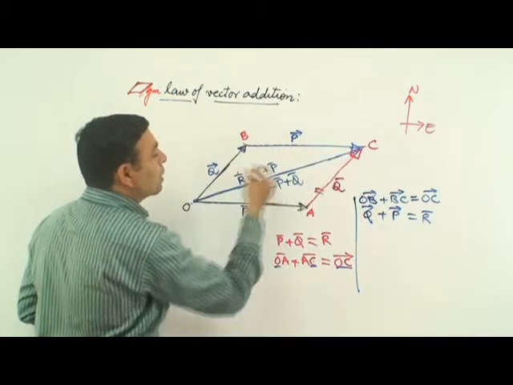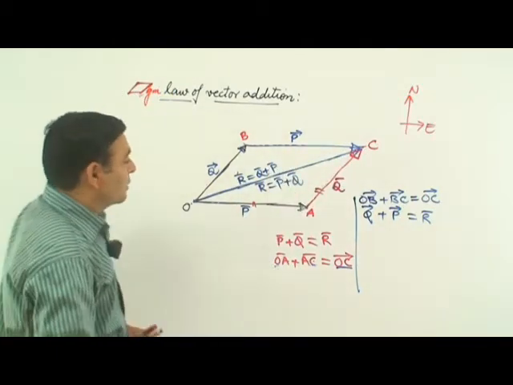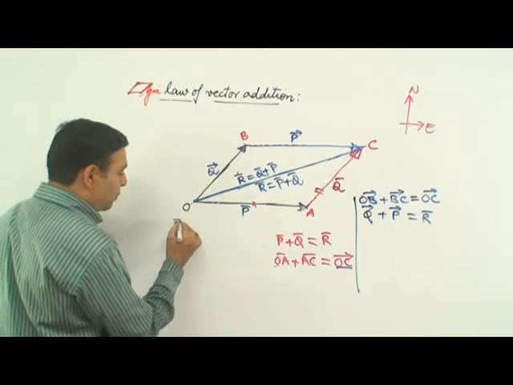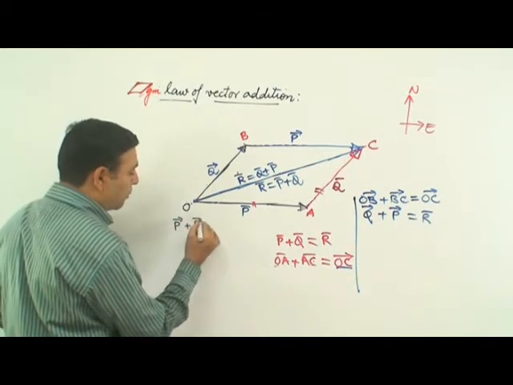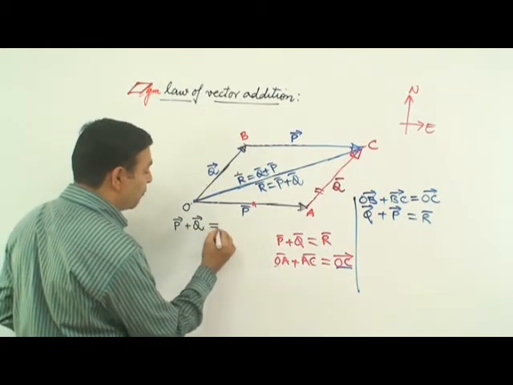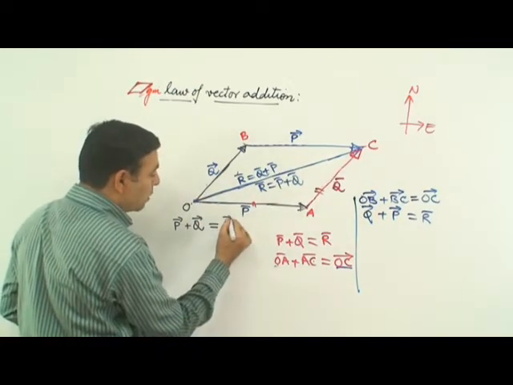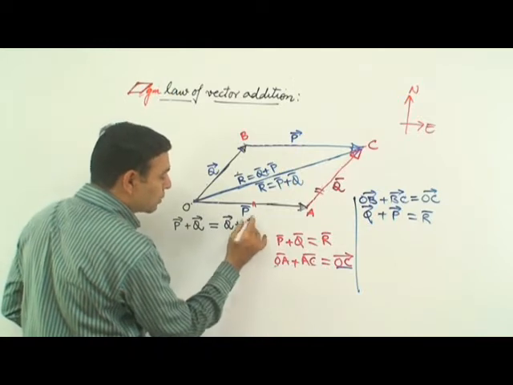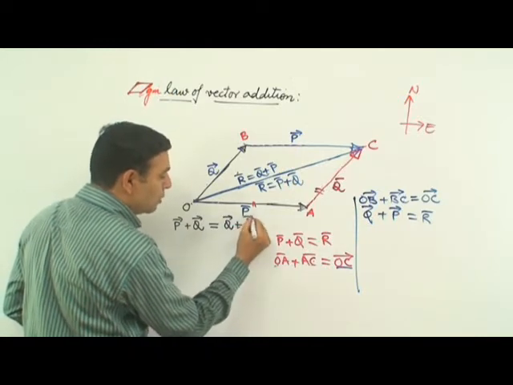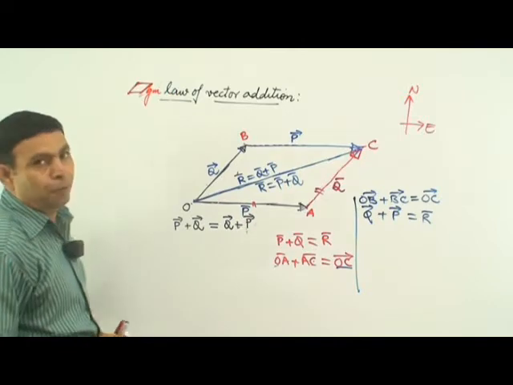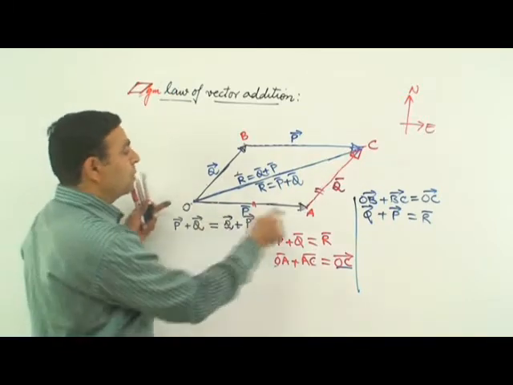So what we can say is vector addition is commutative. The order of addition is not going to make any difference. P plus Q is equal to Q plus P. Vector addition is commutative. I have shown here only for two vectors. P plus Q is this, Q plus P is this.